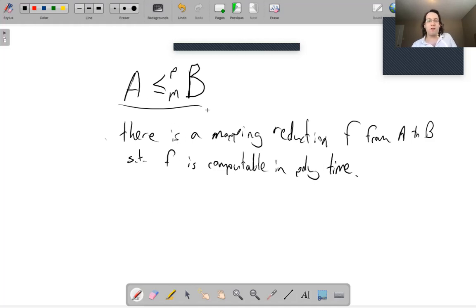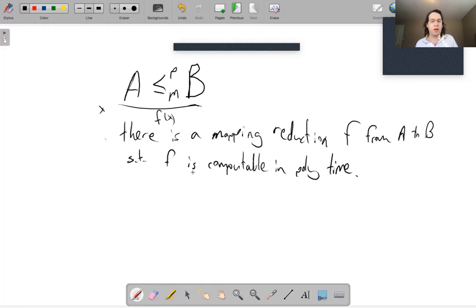Now if you had an efficient algorithm for B, you could convert that into an efficient algorithm for A, where you take an input x that may or may not be in A, you compute f of x using your efficient algorithm for computing f, and then you use your efficient algorithm for B to decide whether f of x is in B, and that gives you an efficient algorithm for whether x is in A. A polynomial time algorithm together with another polynomial time algorithm is just going to give you another polynomial time algorithm. So combining these algorithms remains within this efficient range.